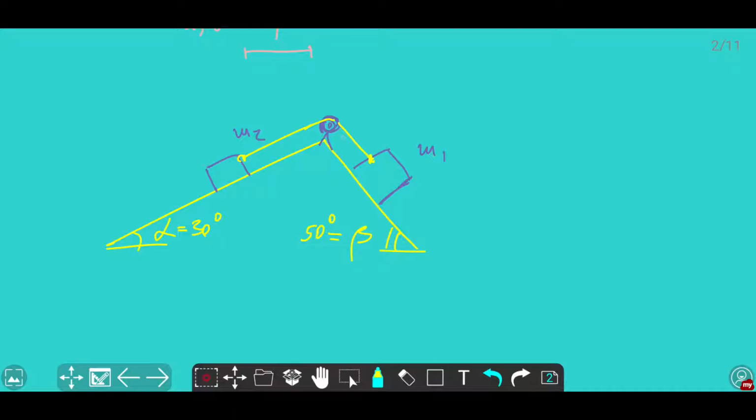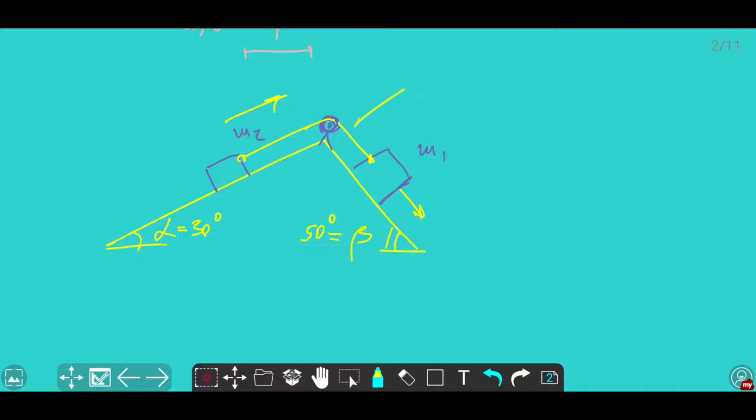It doesn't satisfy this definition because if this object moves downward along this inclined plane, while object M2 is moving this way, the velocities will be different. However, the magnitude of the velocity, i.e. the speeds, will be the same for both objects.